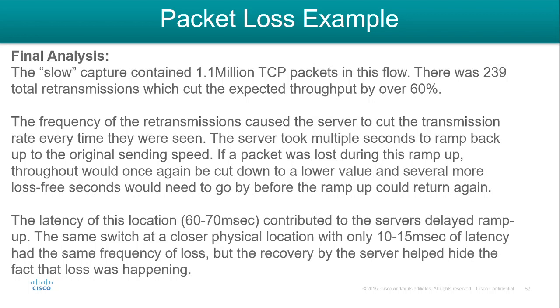And we would see that the server would take multiple seconds to ramp back up, and if we had any sort of packet loss during that ramp up, the server would cut way down and try to find another happy medium. Now in this instance, the latency for this particular location going to that server was between 60 to 70 milliseconds, and this was partially contributing to the ramp up of the server.